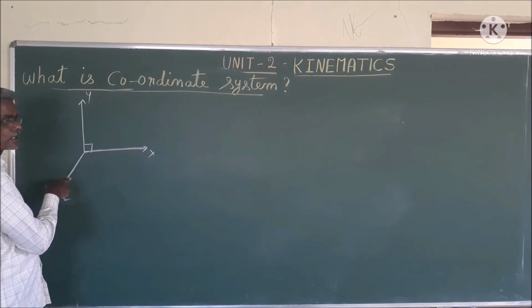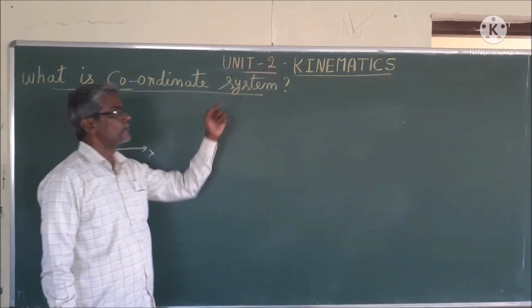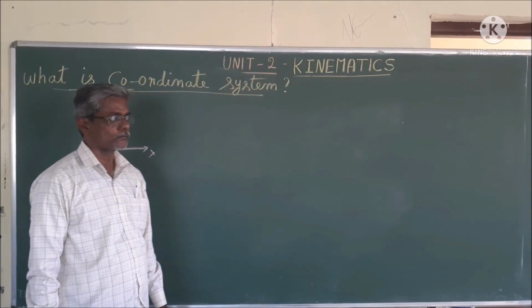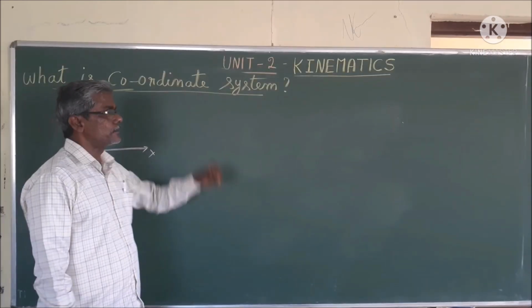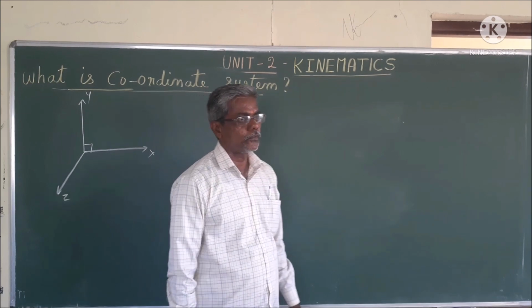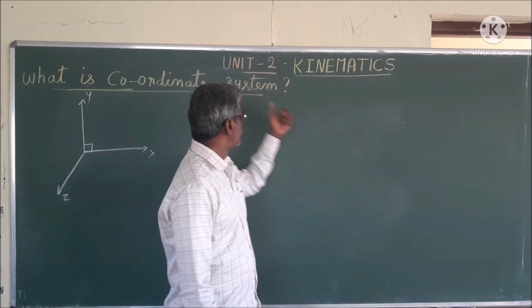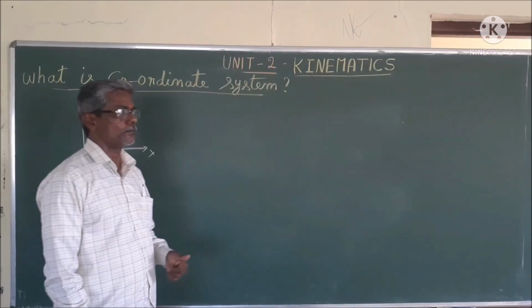These three axes are mutually perpendicular, and they are called the coordinate system. To find out the position of an object, we need to know the coordinate system.